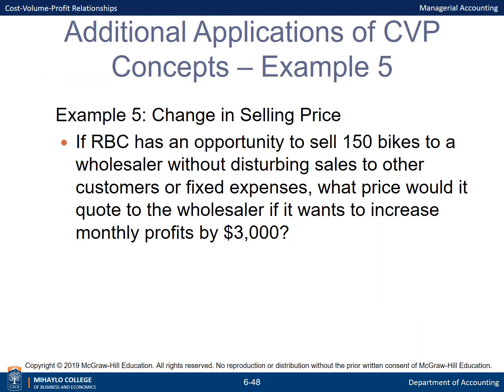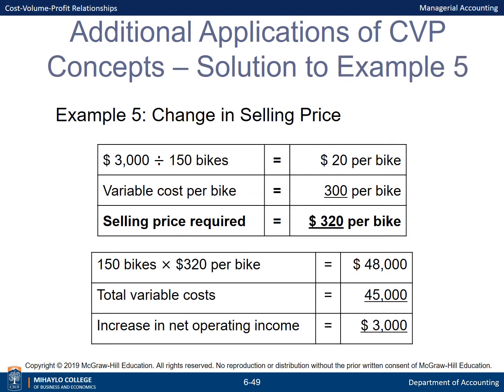RBC has an opportunity to sell 150 bikes to a wholesaler without disturbing sales to other customers or fixed expenses. What price should be quoted to the wholesaler to increase monthly profits by $3,000? A profit of $3,000 on the sale of 150 bikes equals a profit of $20 per bike.